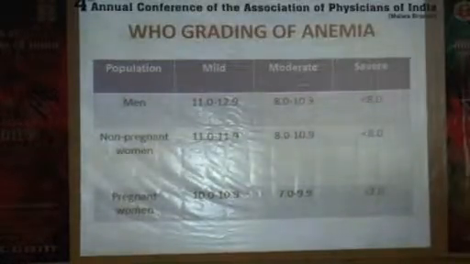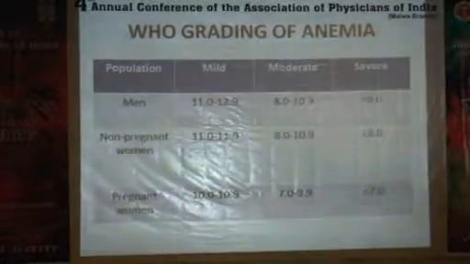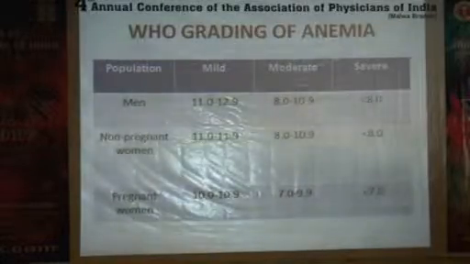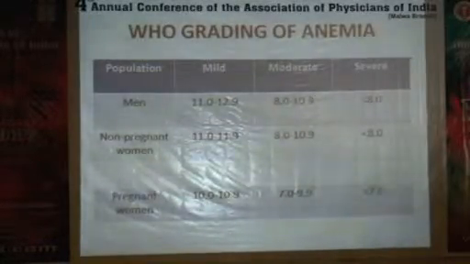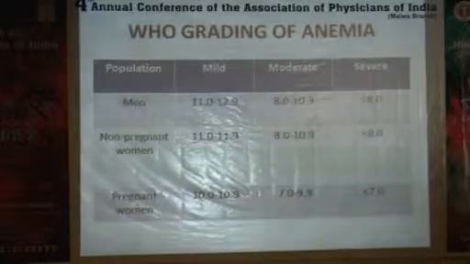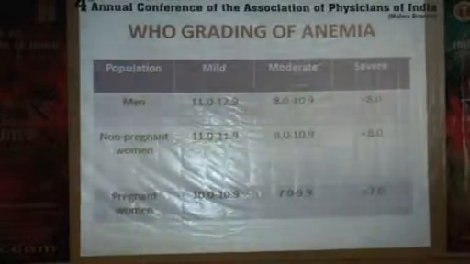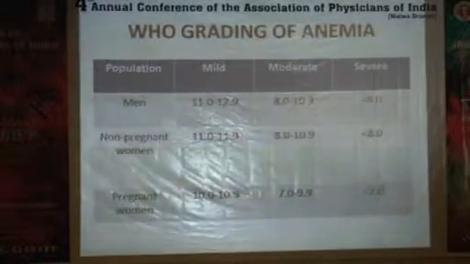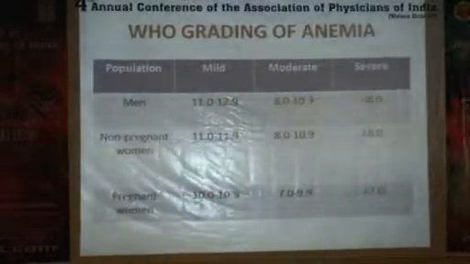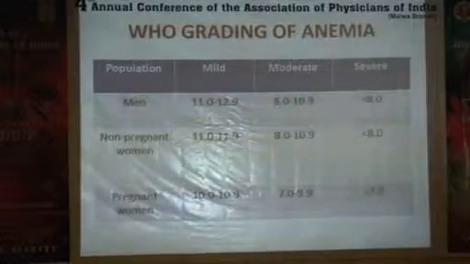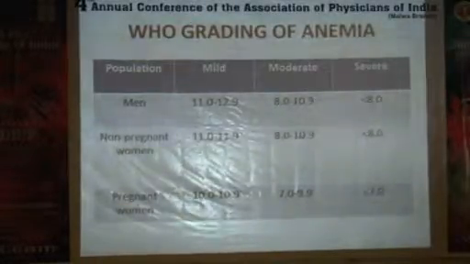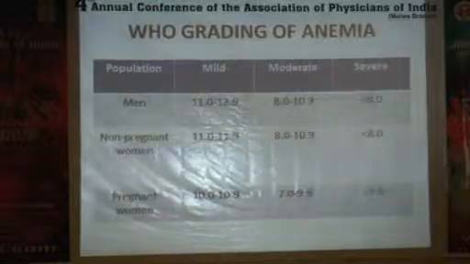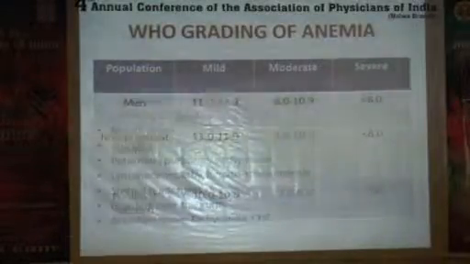So severe anemia in a pregnant patient would be less than 7, whereas in male and female otherwise it will be 8 grams. So anything less than 12.9 in males, 11.9 in females, and again we have a compensation of 1 gram, that is 10.9 for a pregnant female, because here we expect the hemoglobin to go down because of the increased requirement.